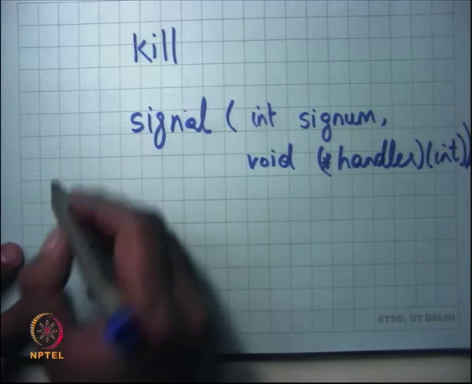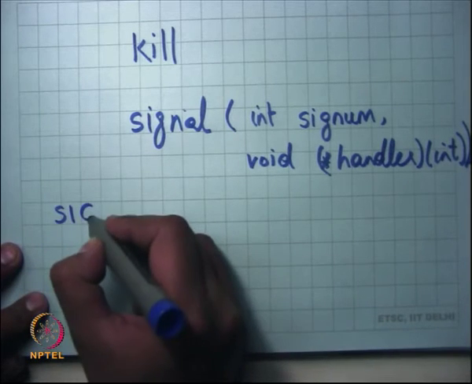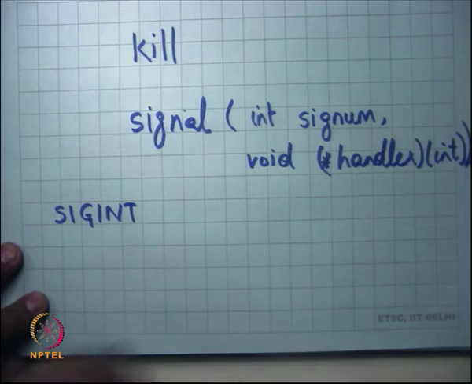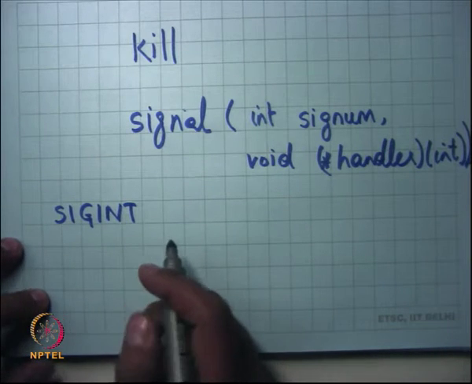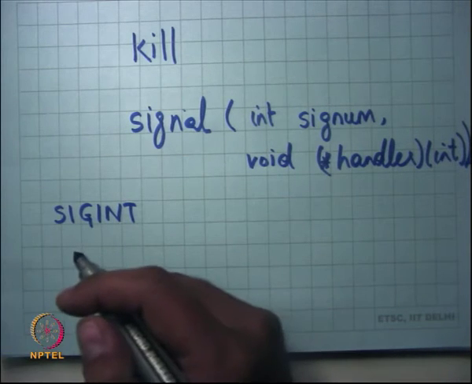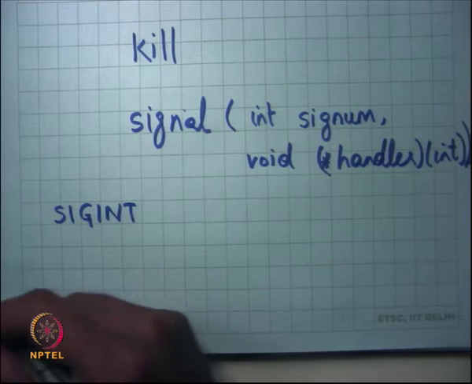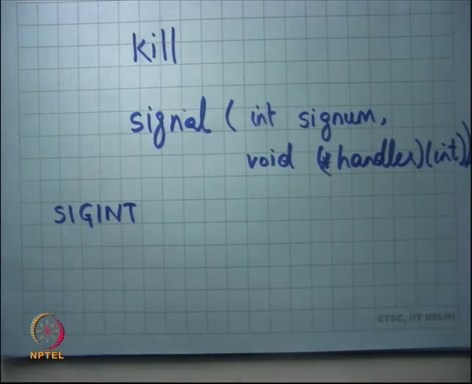There is a set of standard signals that are pre-documented, which are part of the OS semantics. For example, there is SIGINT, the interrupt signal, which is triggered when you press Control-C while the process is executing. If you press Control-C, the operating system figures out that Control-C has been pressed on the standard input of this process, and so it generates a SIGINT for that process.